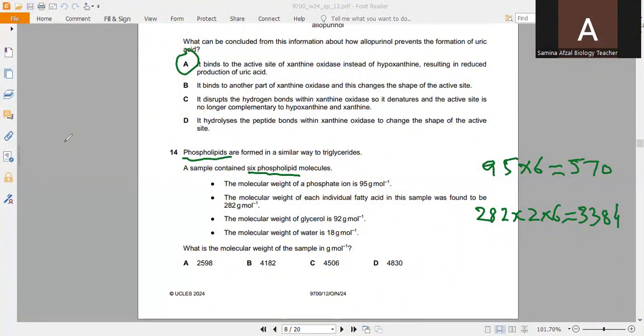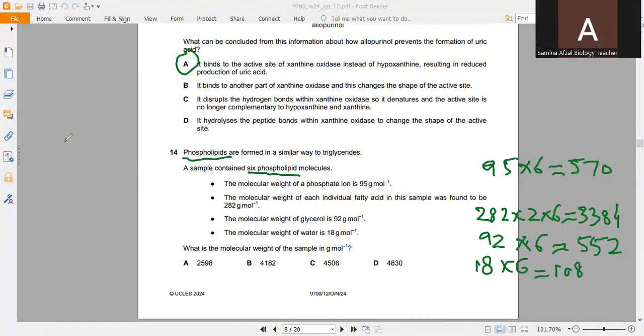Then glycerol: 92 into 6, one glycerol and one phosphate molecule, so it will be equal to 552. And there is formation of 18 water molecules, so 18 multiplied by 6 will be equal to 108.